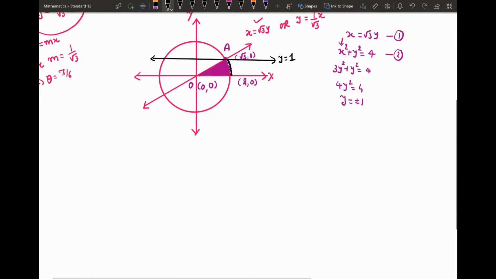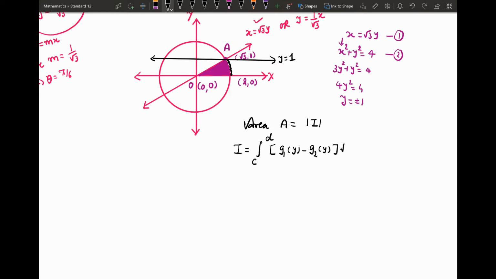So area A equals the modulus of the integral from c to d of g1(y) minus g2(y) dy. The limits will be y equal to 0, the x-axis, to y equal to 1.